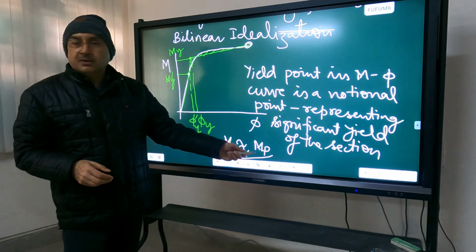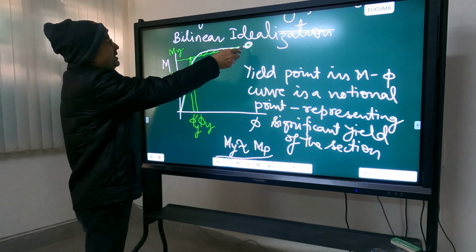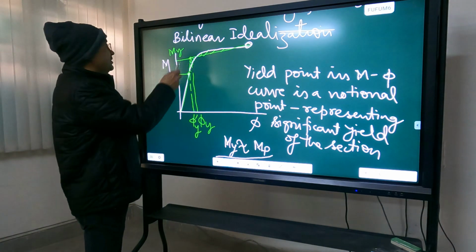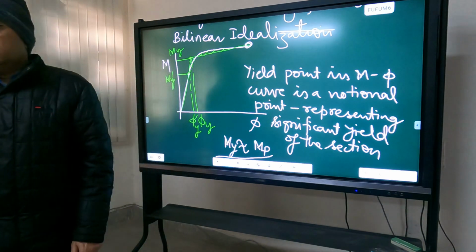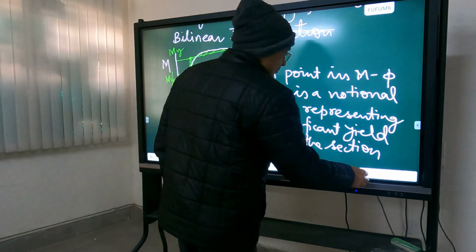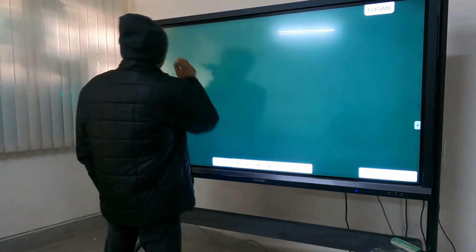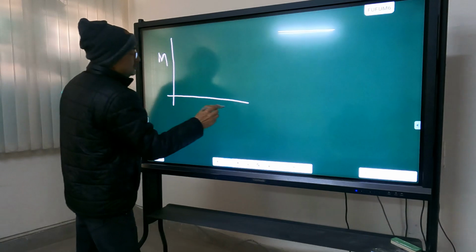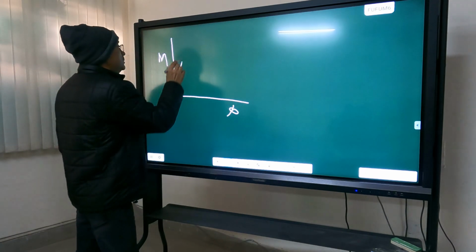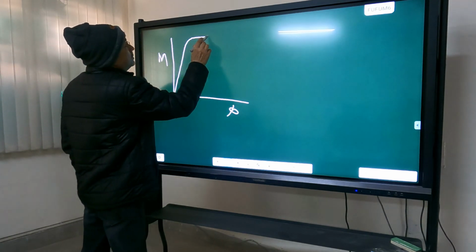So in that case, what we are doing? We are taking this curve as horizontal, and this curve we are taking, and the error you are making, actually, what you are doing? Let me draw it again. The real curve is like this.